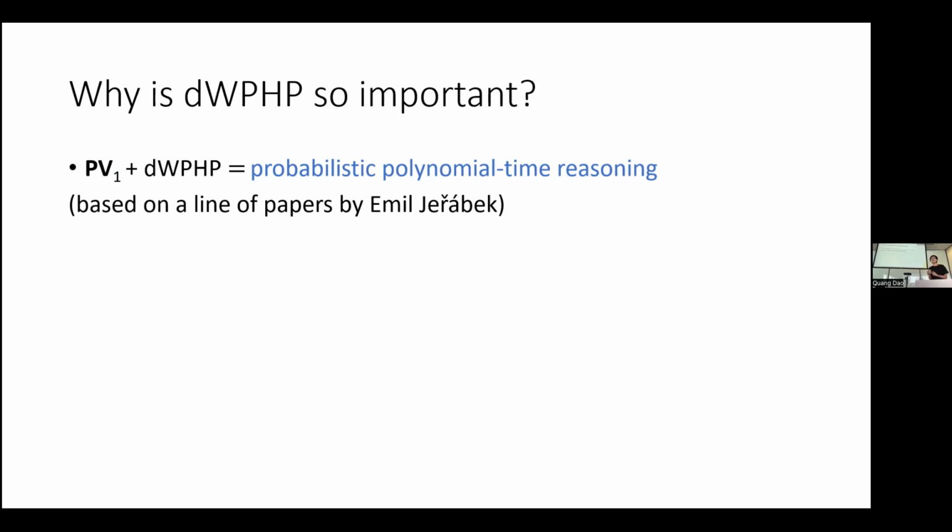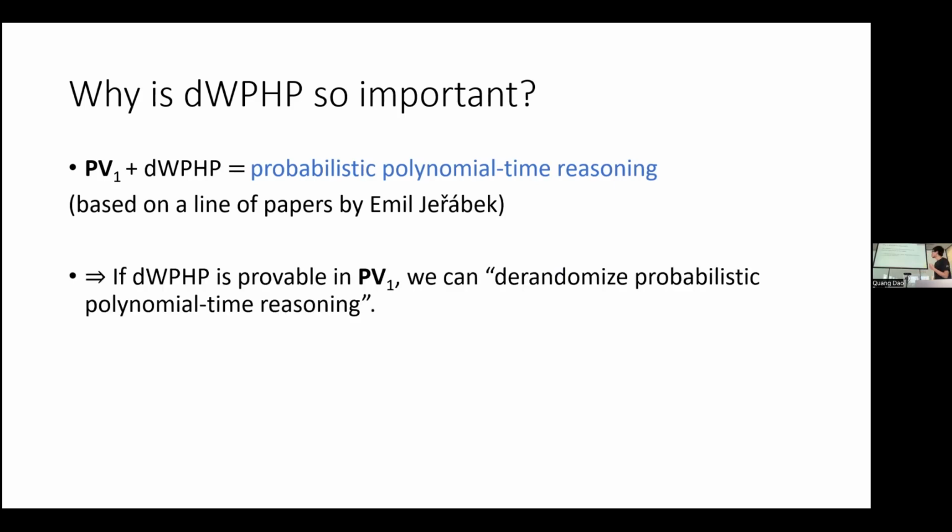For example, you get the Chernoff bound, you get the union bound, and you can prove that any set defined by an efficient circuit has a size. You can define the size of a set. If you believe this, you will have all these probabilistic methods, so he argues that this is the right theory to capture probabilistic polynomial-time reasoning.